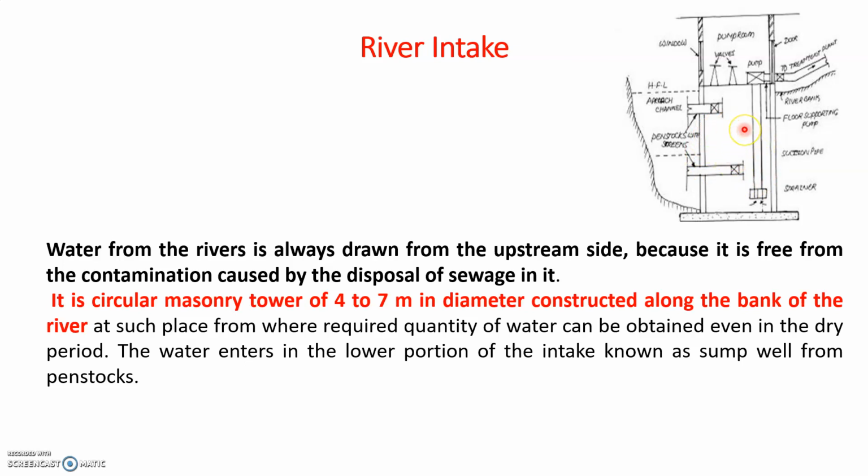Okay, it's a single type of intake structure. You have penstocks, you have valves which regulate the flow into the intake structure, and pumps which pump out the water from this jack well. Okay, so this is a jack well over here.